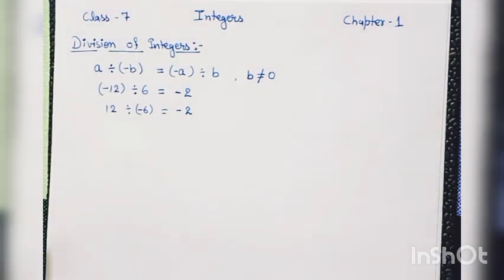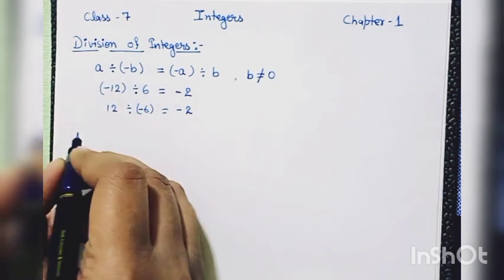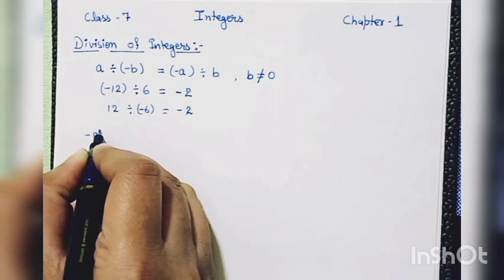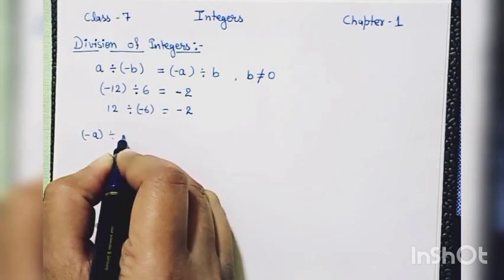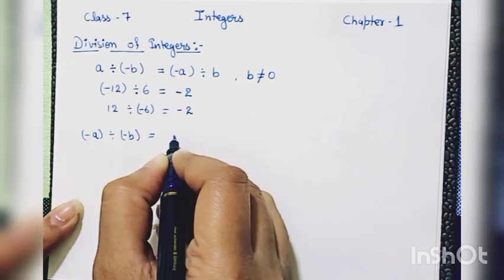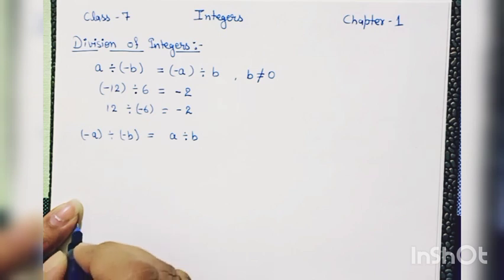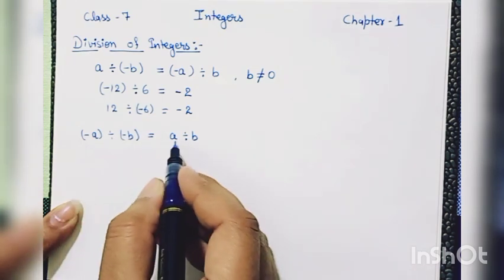Coming to the next, if both the integers I'm taking over here are negative, then minus a divided by minus b, in this case the answer will be simply a divided by b, because the negative signs will cancel out and the equation will be simpler.